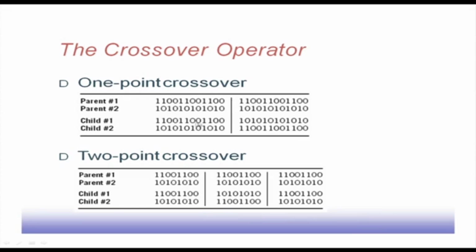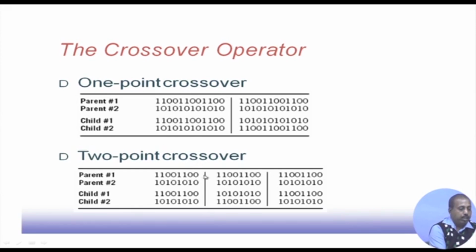In the first child, the first part of parent 1 is copied and the second part of parent 2 is copied into it. So the first part of parent 1 and the second part of parent 2 form child 1. Similarly, the second part of parent 1 followed by the first part of parent 2 forms child 2. This is 1 point crossover. There may also be 2 point crossover, over this length of the individual.